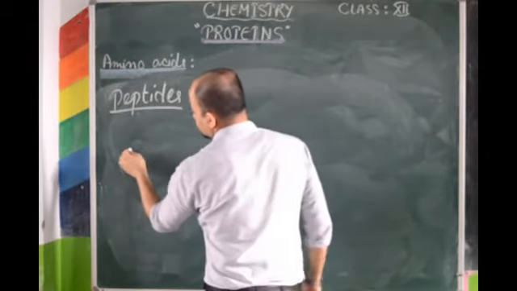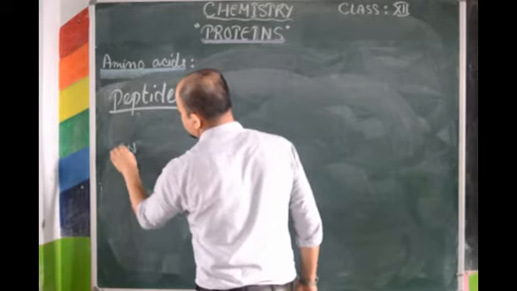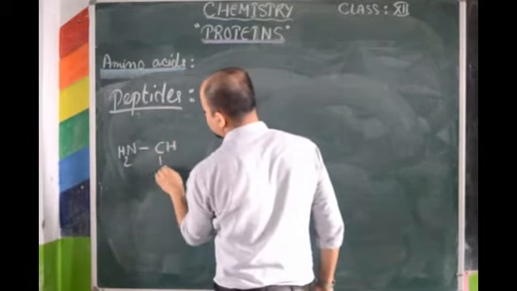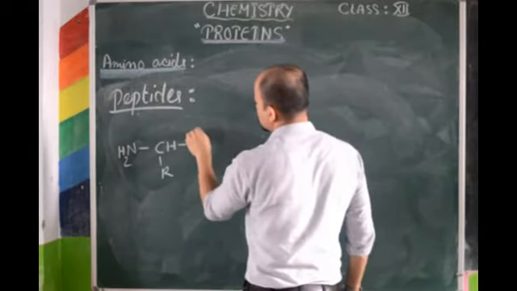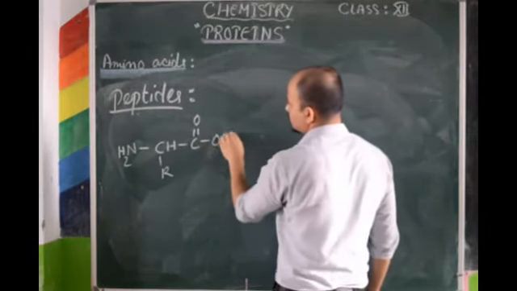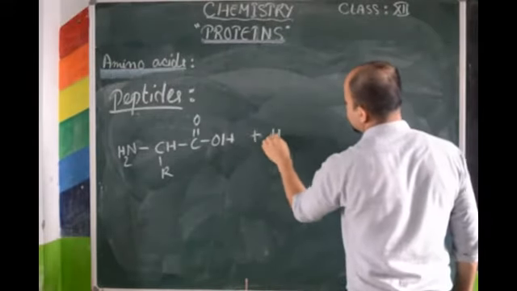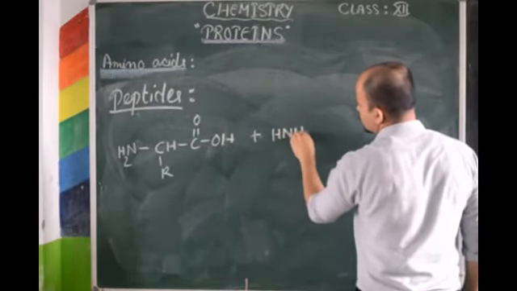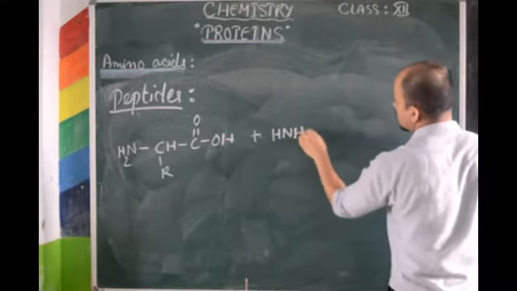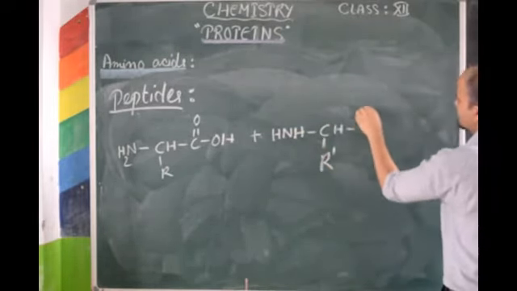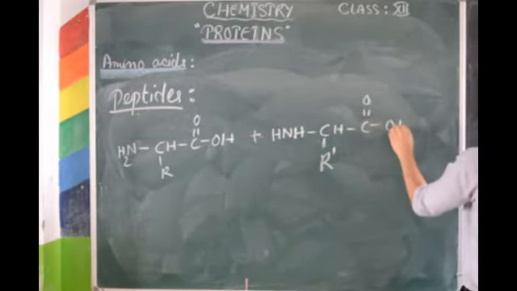So let me take an example of an amino acid, NH2 CHR, C double bond O, OH. This is one amino acid. Let's take another amino acid, NH2 CHR dash, C double bond O, OH.